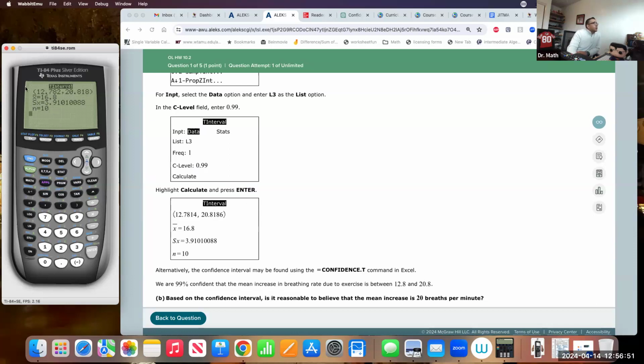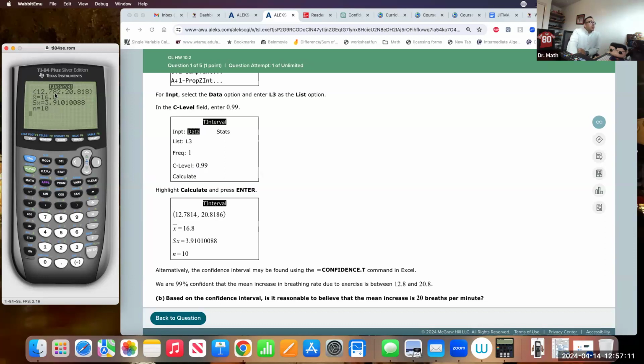All right, so what we would say is that we are 99% confident that the mean increase in breathing rate due to exercise, right? So how many beats per minute faster was your heart racing due to the exercise? Well, we're 99% confident.